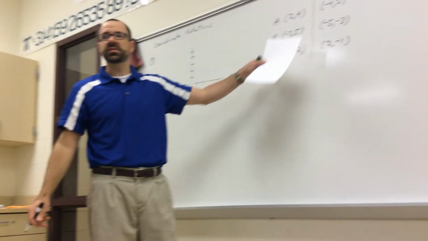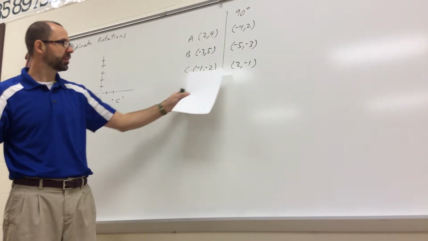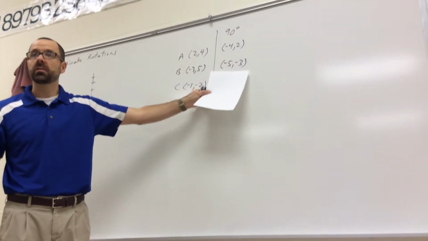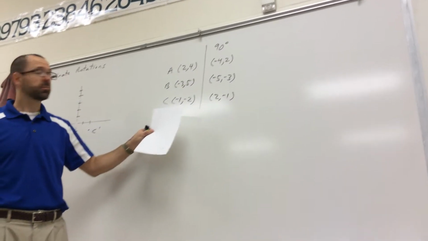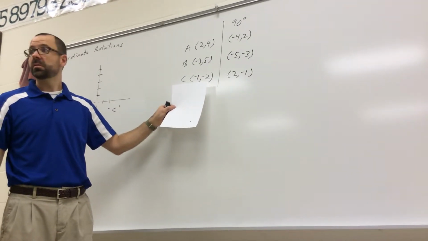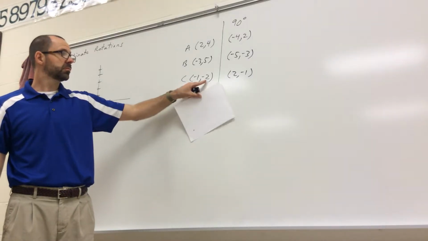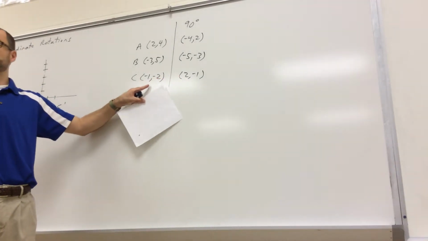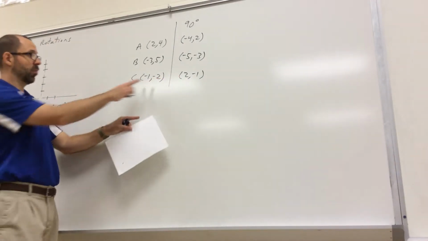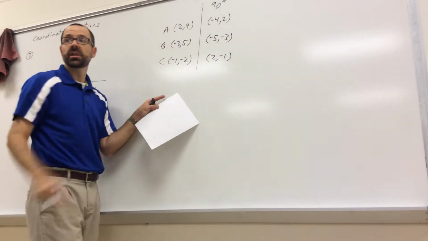Okay, so we've done 3 of these, so that's probably enough to figure out the pattern. What's going on here? Yeah. The X and Y are flipping, and then the X is turning negative or positive. So first of all, the numbers are switching places. Like 1, 2 is 2, 1, 3, 5 is 5, 3, 2, 4 is 4, 2.